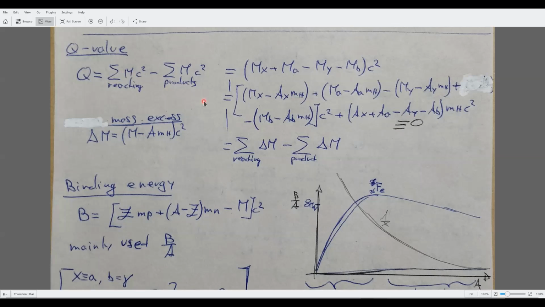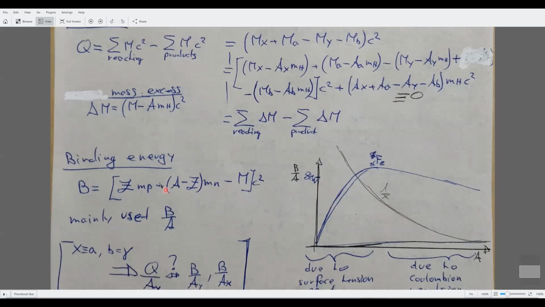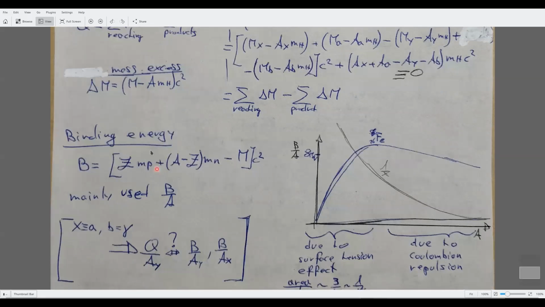This is the case, classically, for the production of iron, which does not release mass energy, so it is cooling the core. And from here, we can move to the binding energy, which is actually the energy released in the formation of a certain nucleus.